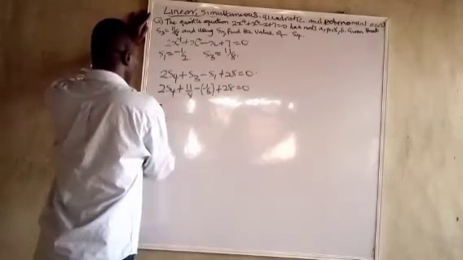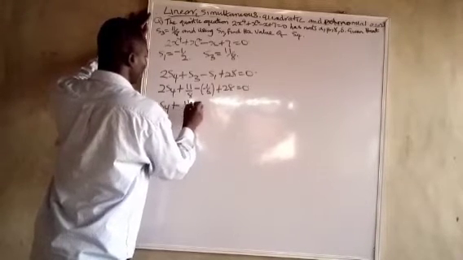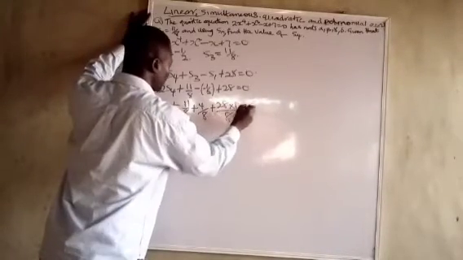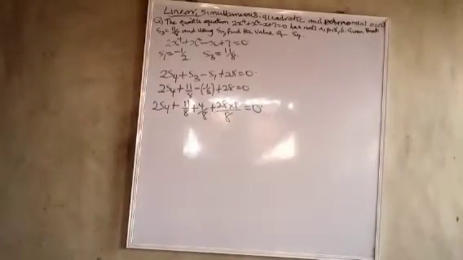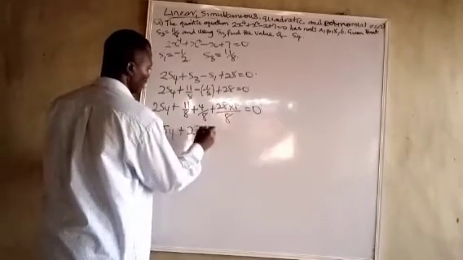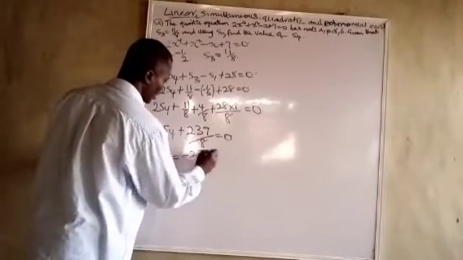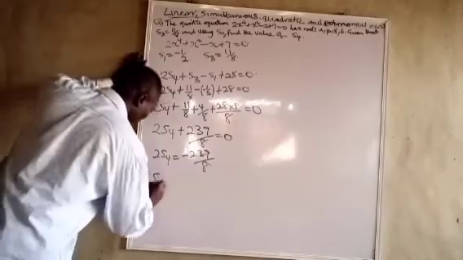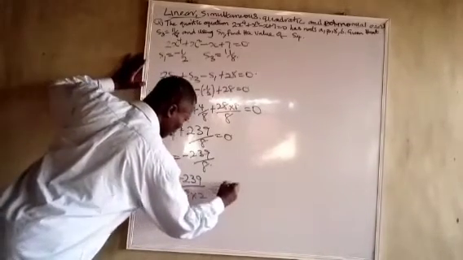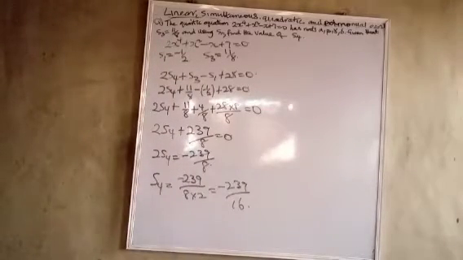So we have 2S4 plus 11 over 8 plus 4 over 8 plus 28 times 8 over 8 equals 0. So we have 2S4 plus 239 over 8 equals 0. So 2S4 is equal to minus 239 over 8. So S4 is equal to minus 239 over 16. So our value for S4 is minus 239 over 16.